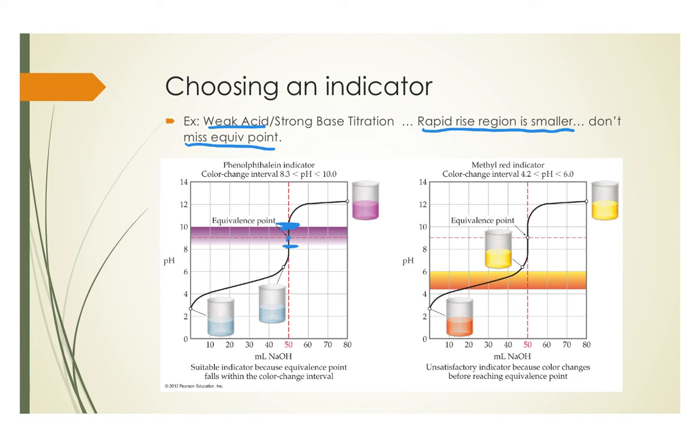Methyl red, however, changes color between 4 and 6, and for our weak acid strong base titration that we had over here, the steep portion of the curve is between 7 and 10, and so again you would completely miss it, or that color change would happen well before you got to the equivalence point.